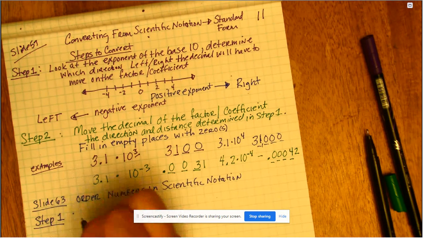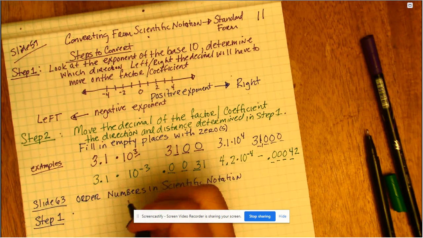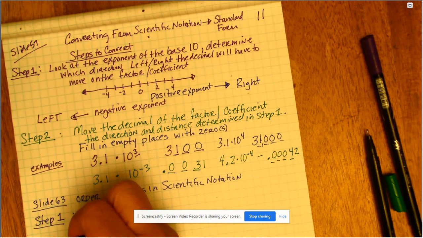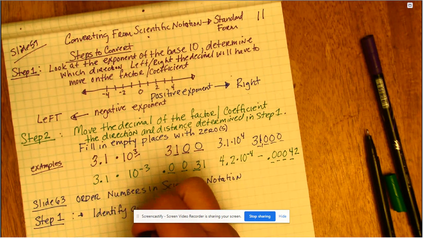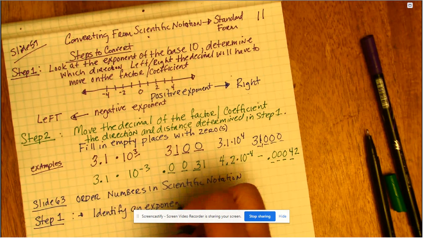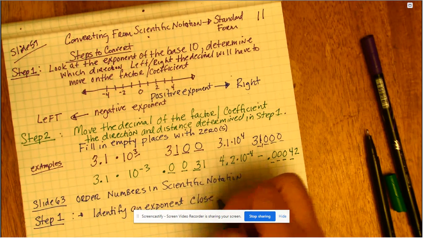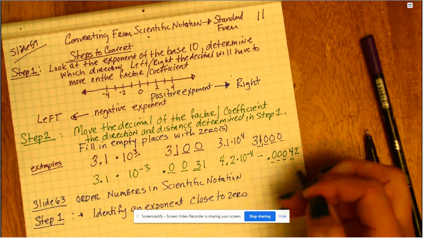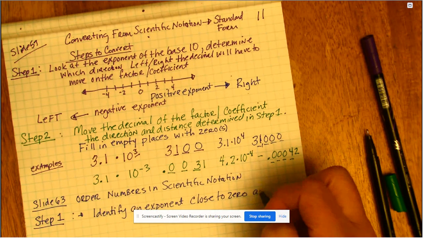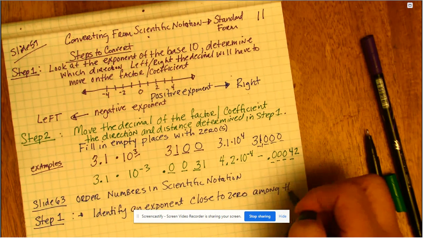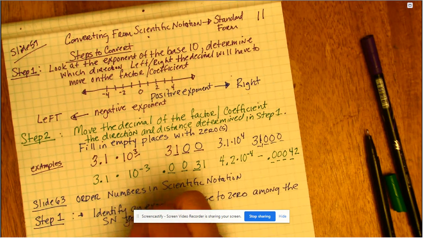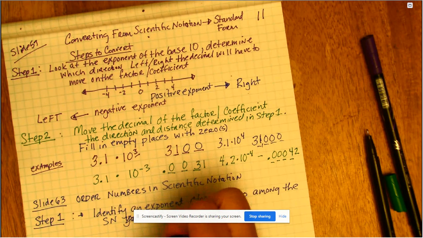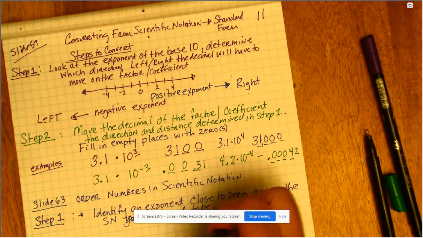Step 1. Identify an exponent close to 0 among the scientific numbers you want to put in order.